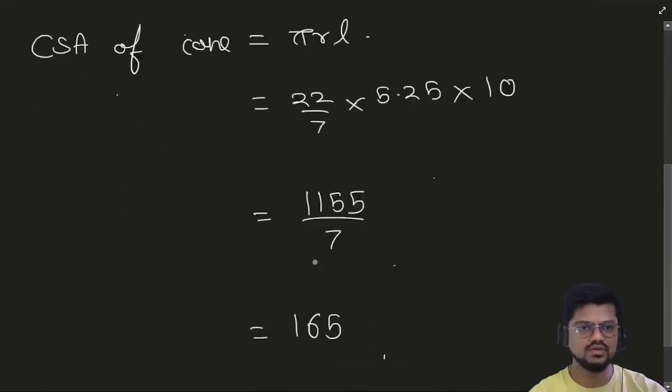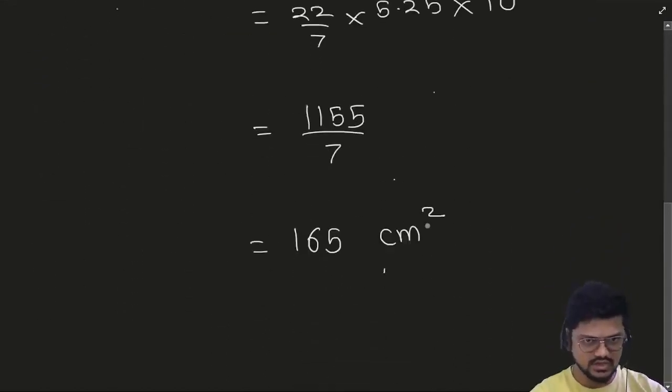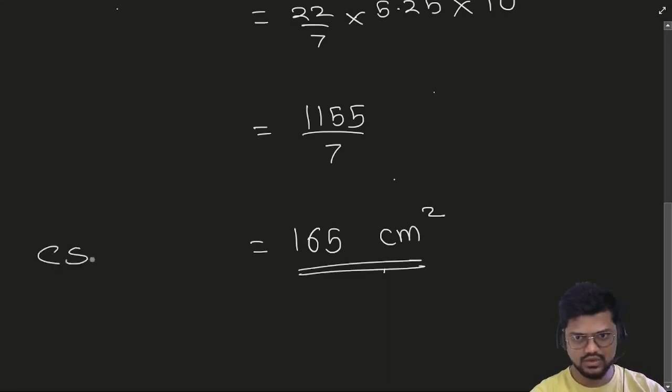It's given in centimeter, so 165 centimeter square is your curved surface area of cone.